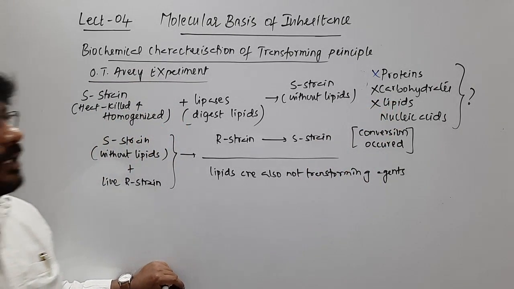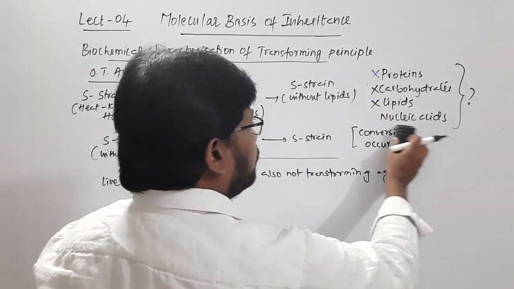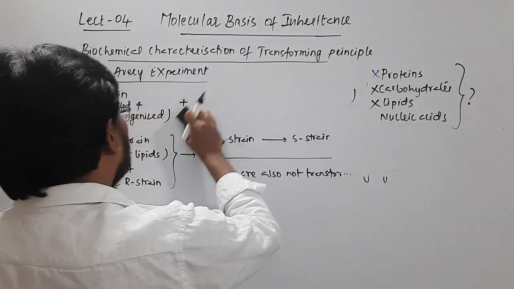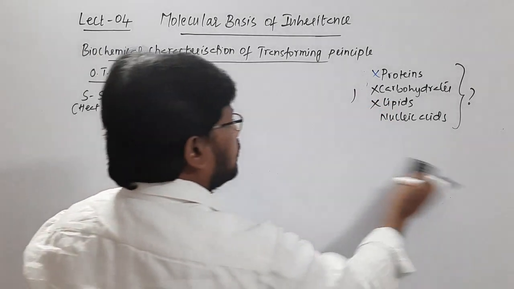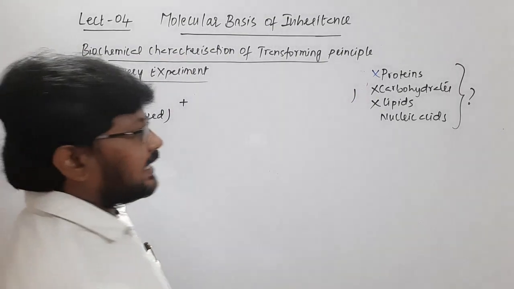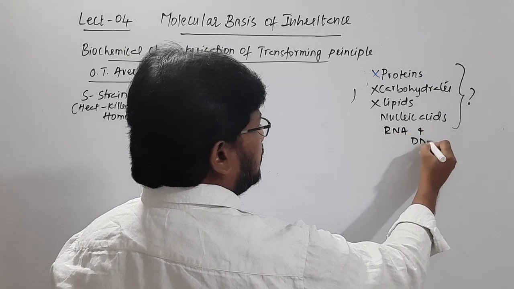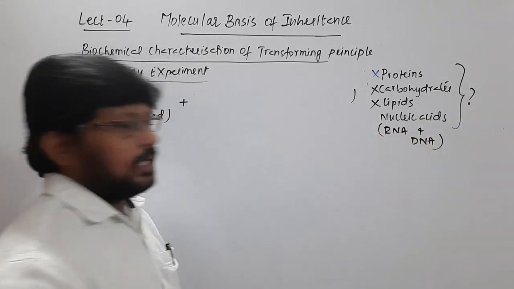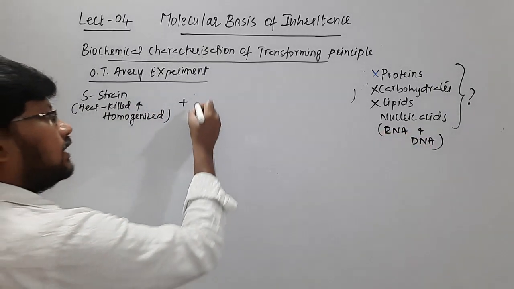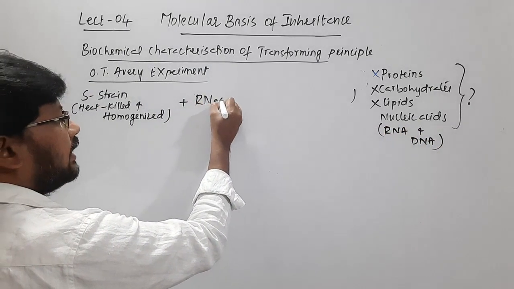Then coming to the nucleic acids, we know there are two types of nucleic acids, that is RNA and DNA. Now I'm going to take an enzyme called RNases.